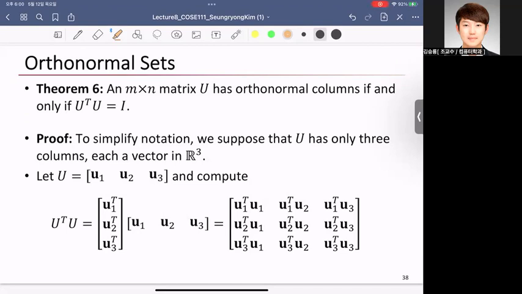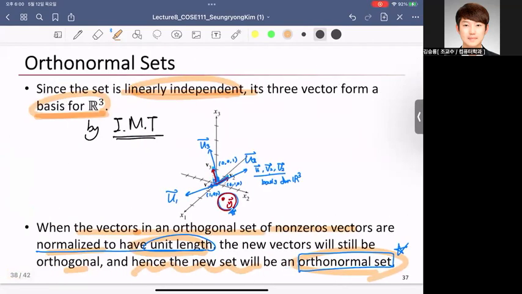We already discussed a factorization method, the LU factorization, right? But next week we will introduce another factorization technique, which is a much more powerful way to understand your matrix A. That decomposition method requires knowledge of orthonormal sets. So that's why we start from here.